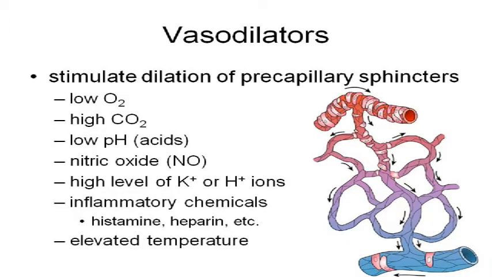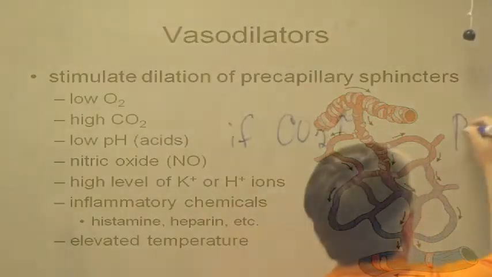So if we think about local control, all the little capillary beds all over your body, these are the things that relax those precapillary sphincters, that let blood flow through those capillaries. Low oxygen, high carbon dioxide, low pH. Now here's what you have to remember. If CO2 goes up, pH goes down. Why is that?